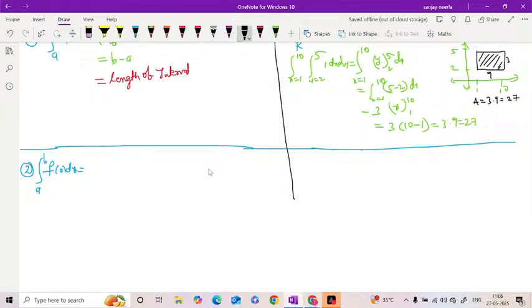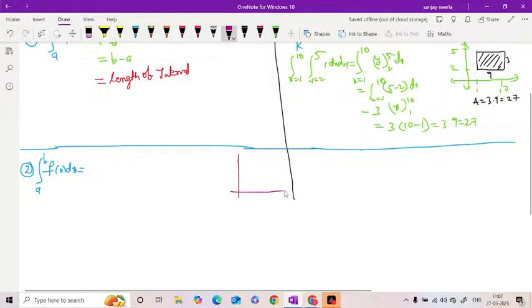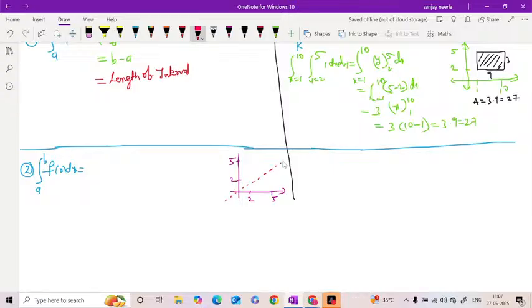Now what is the expected result? Suppose this is the x axis and y axis, and I am taking 2 and 5 here. I am taking the line y is equal to x.